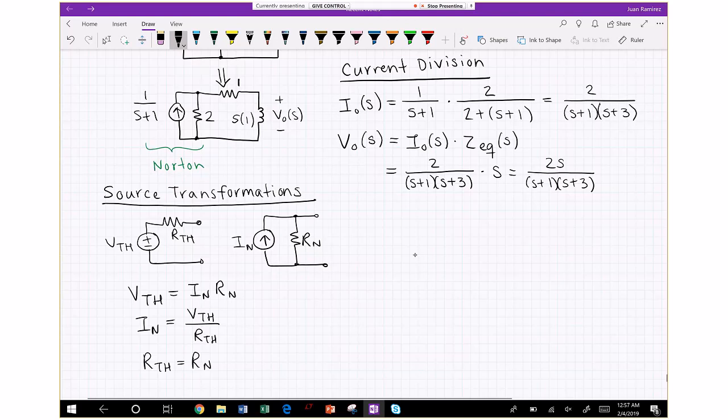So actually, let's go ahead and do that. What would the voltage be equal to? It would be equal to the Norton current, which is 1 over S plus 1, times the Norton impedance, which is 2. And the Thevenin impedance will be equal to the Norton impedance, which is 2. And then you keep the rest of the circuit, which was what we would consider the load.